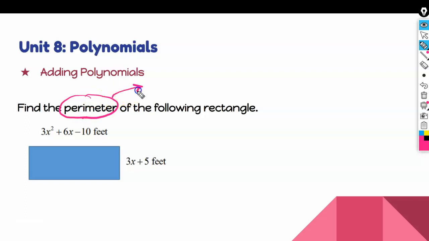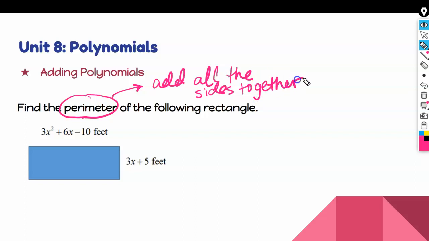Perimeter is when we add all of the sides together. So make a note of that to yourself. Pretty please, add all the sides together.